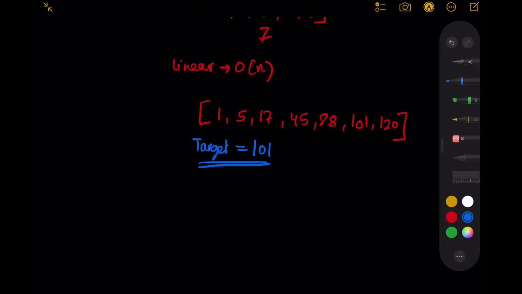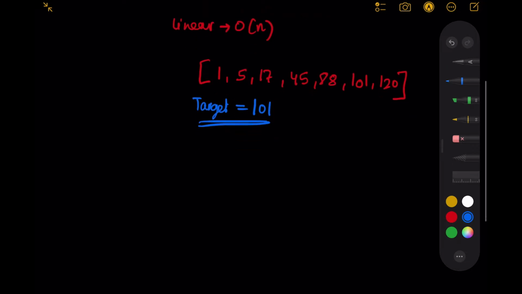So we need to find out 101 in our example array. What we can see is that this array is already sorted in increasing order, or non-decreasing order, because the elements can be equal to the previous element. So rather than increasing or decreasing, we can say that it is sorted in non-increasing or non-decreasing order. So this particular array is sorted in non-decreasing order.